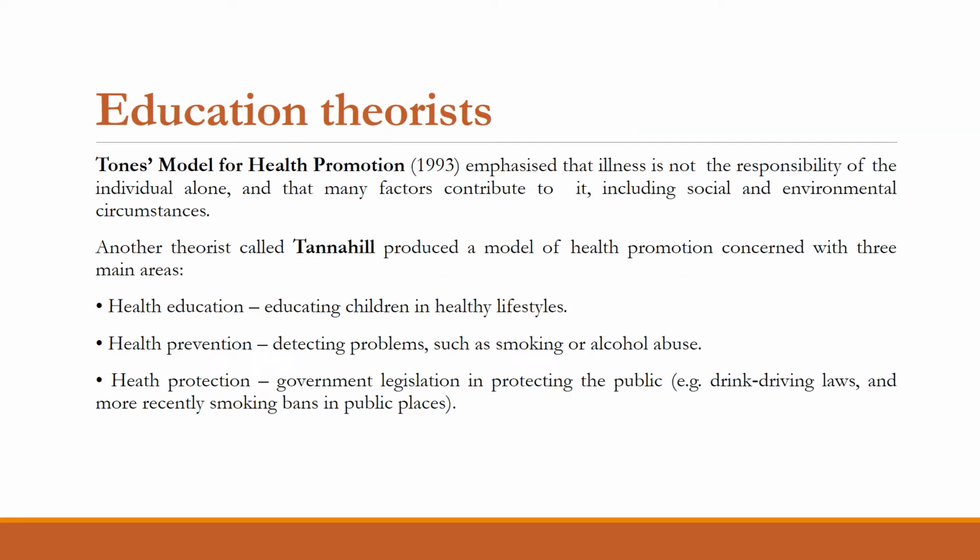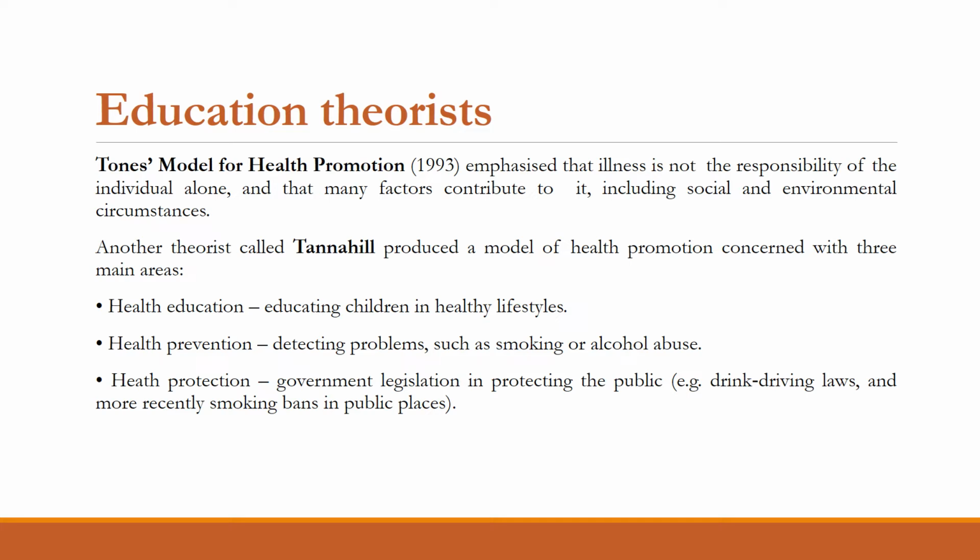Education theorist. Tones' model for health promotion, which was given in 1993, emphasized that illness is not the responsibility of the individual alone, that many factors contribute to it, including social and environmental circumstances. Another theorist called Tannahill produced a model of health promotion concerned with three main areas.